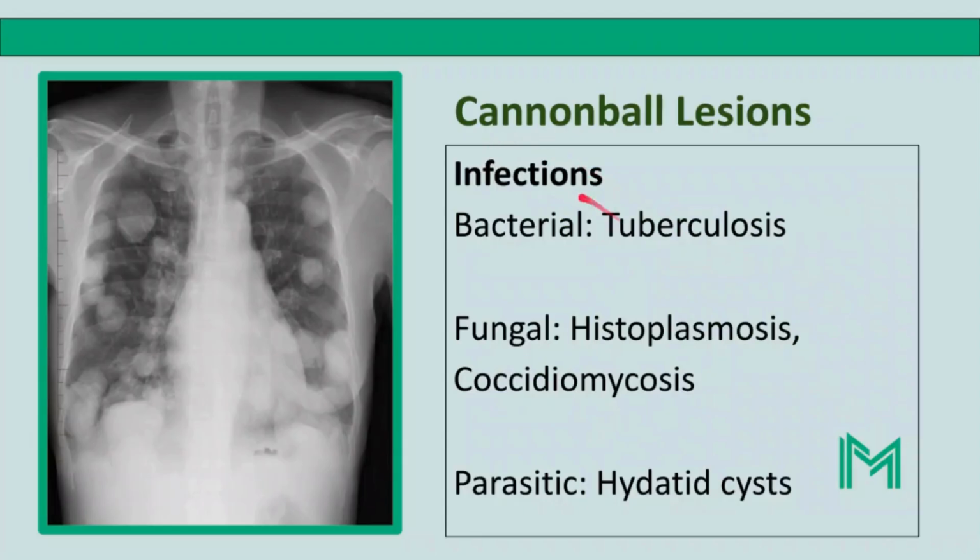Now, infections can also present as cannonball lesions on the chest x-ray. For example, bacterial infections like tuberculosis, fungal infections like histoplasmosis and coccidioidomycosis. We can also have parasitic infections like hydatid cysts presenting as cannonball lesions on the chest x-ray.